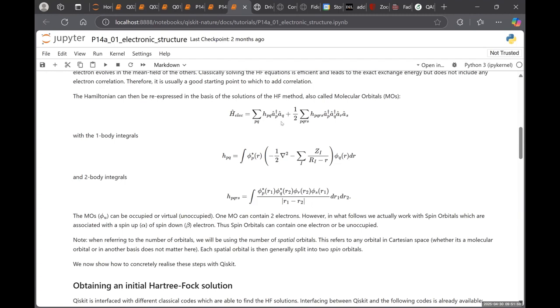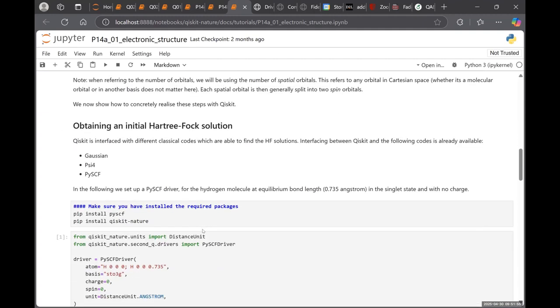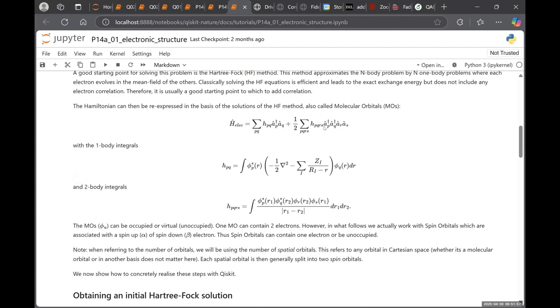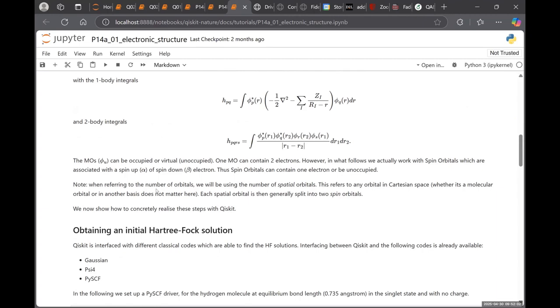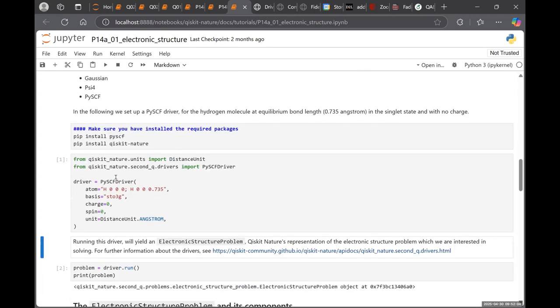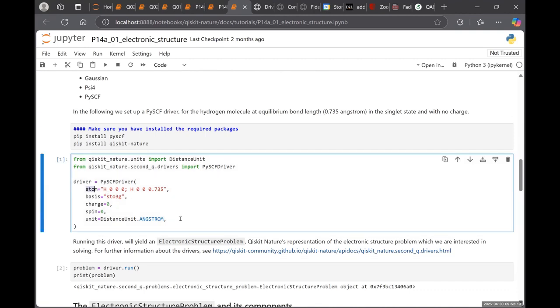Here these are just electron annihilation and creation operators. All you need are these coefficients, and you set up a Hamiltonian, which you then turn into a spin Hamiltonian. This package, PySCF, computes using some basis. You rarely need to change this, but you can, maybe there's a 6G, different molecular bases.